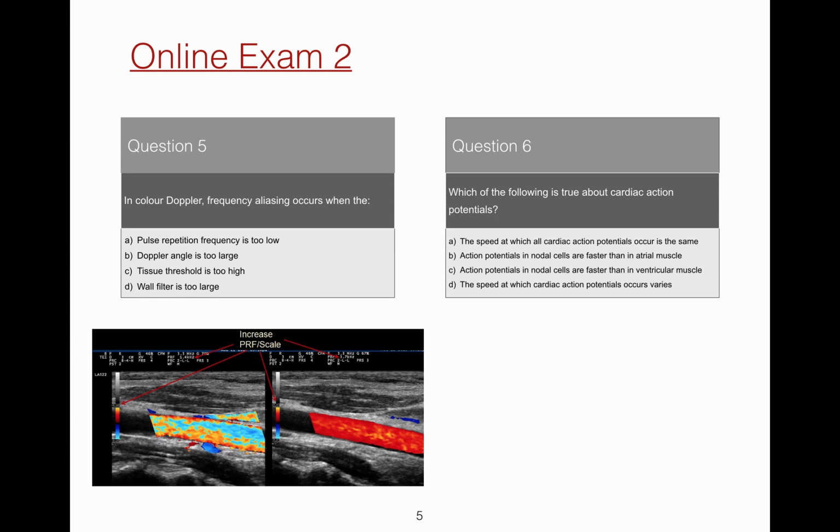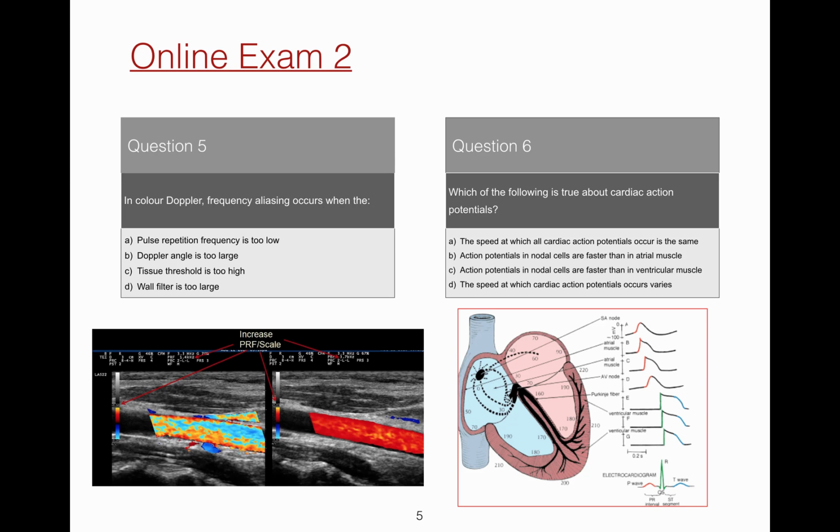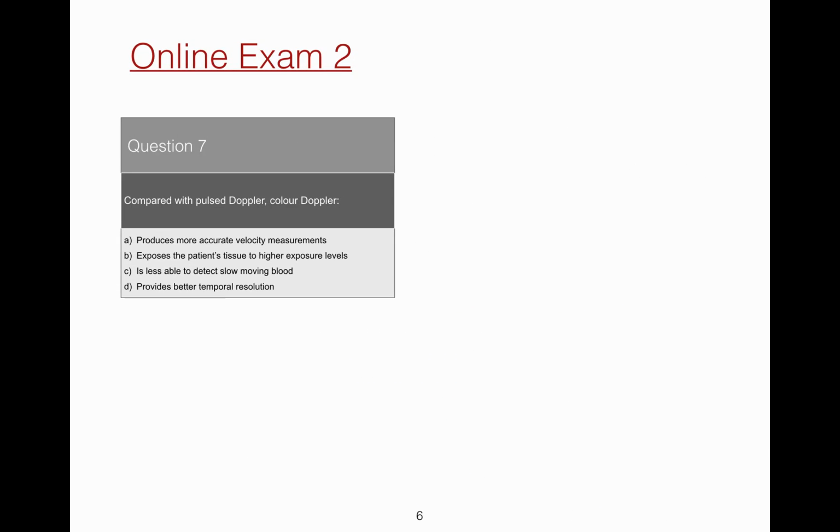Question 6. Which of the following is true about cardiac action potentials? As shown on this illustration, cardiac action potentials occur at varying speeds throughout the heart. Question 7 asks for a contrast between colour and pulse wave Doppler.